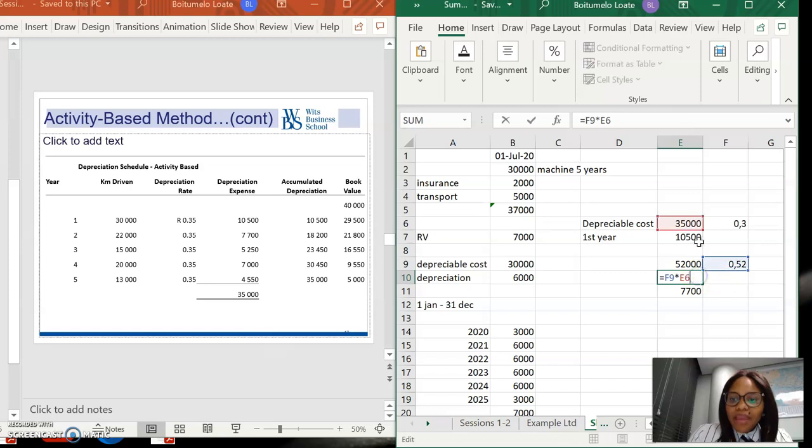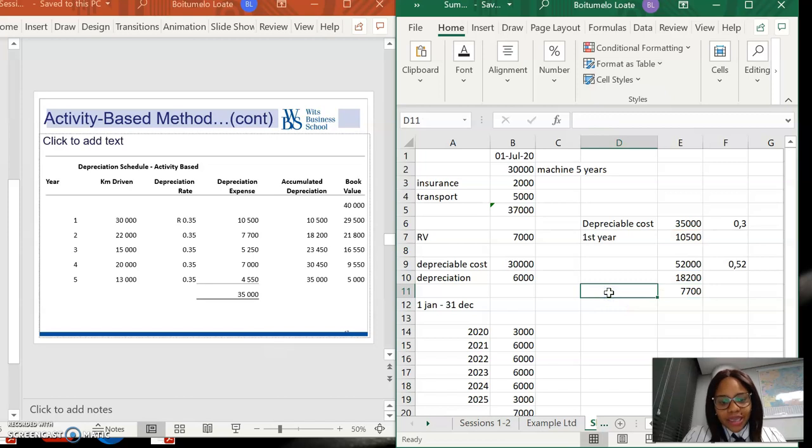If I multiply that by the 35,000, I get to an accumulated depreciation of 18,200. But remember, this reflects both years 1 and 2. Okay. So since I have already recognized in last year's income statement 10,500 relating to the first year, your second year will just be that 18,200 less the first year's depreciation to get you to the second year's depreciation.